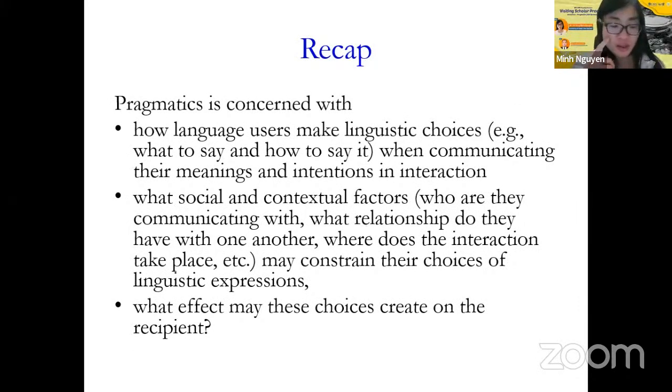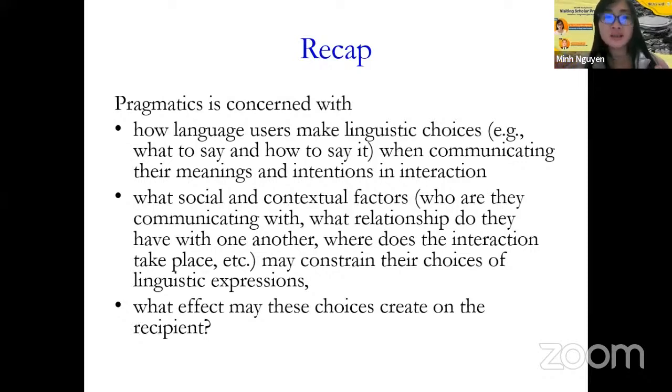Yes, and also what social and contextual factors may constrain their choices of linguistic expression. When we say social and contextual factors, we mean who they are communicating with, what kind of social relationships they have with one another, and where the interaction takes place. Pragmatics is also concerned with the effects, so what effects their choices create on one another.